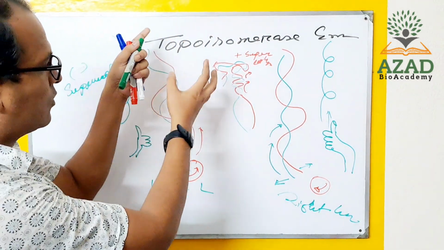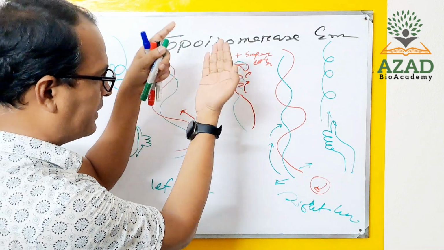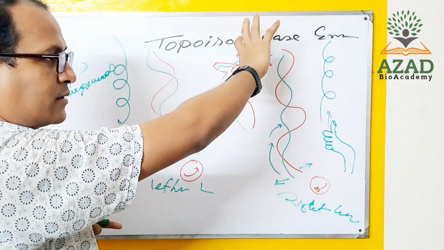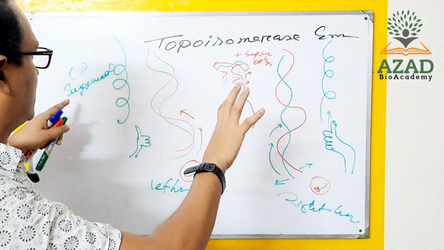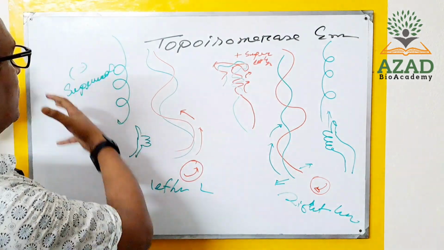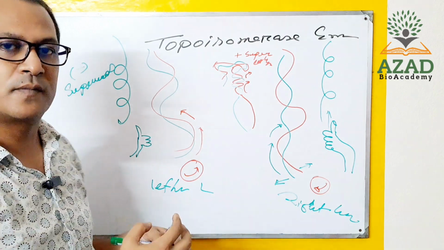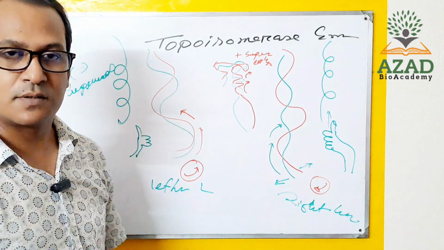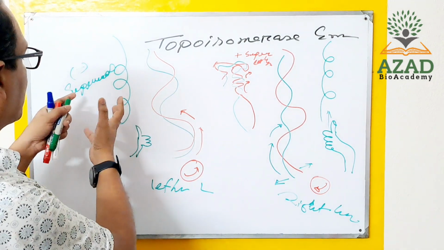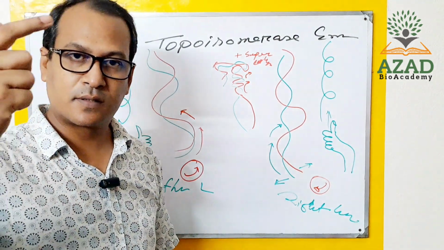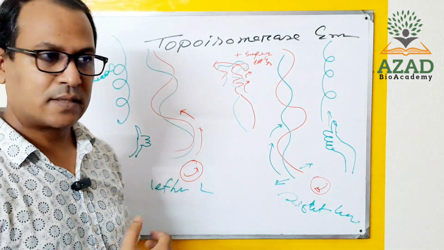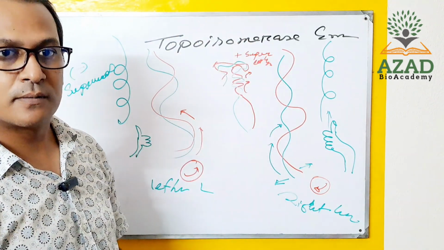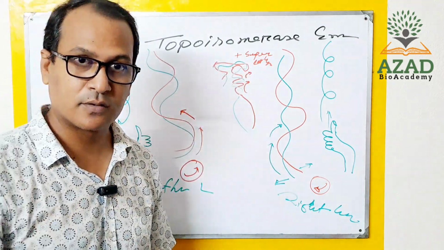So some enzyme will work on it to change the positive supercoiling into negative supercoiling, and then helicase will work to unwind it. And if excessive negative supercoiling happens, that will also be a hindrance, or it will inhibit the replication or transcription process. Basically negative supercoiling is applicable for transcription, and over-activation of the topoisomerase enzyme can also cause negative supercoiling. So both are problematic.